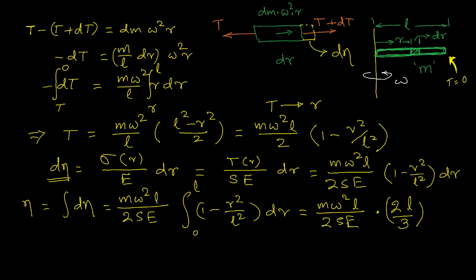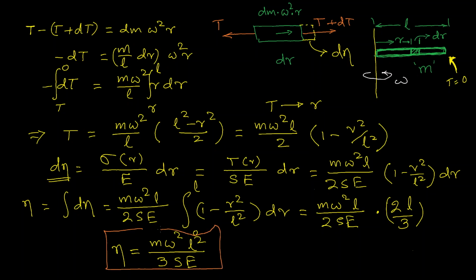So eta will be m omega square L square over 3 SE. That's our expression for the total elongation.